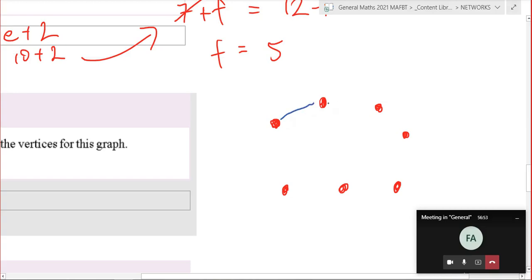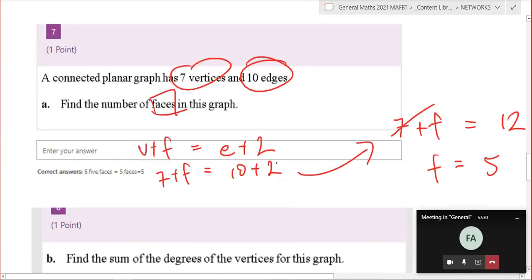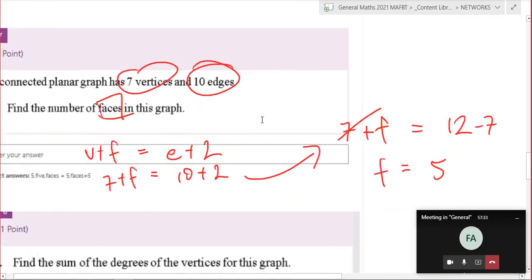So you've got 1, 2, 5, 6, 7. So I've got 1, 2, 3, 8, 9. I've got 1, 2, 3, 4, 5. I can only have 5 faces, yeah? So I think I've already gotten too many. Let's see, if I drew, so remember the rules here: 7 vertices, 10 edges, 5 faces.